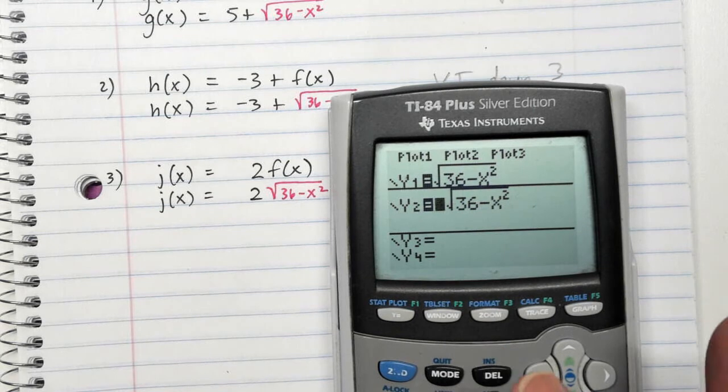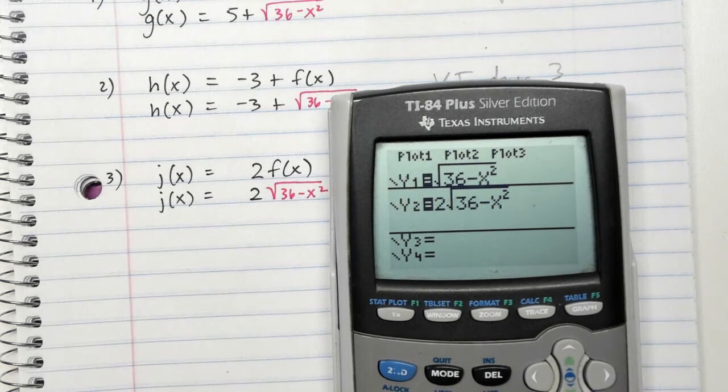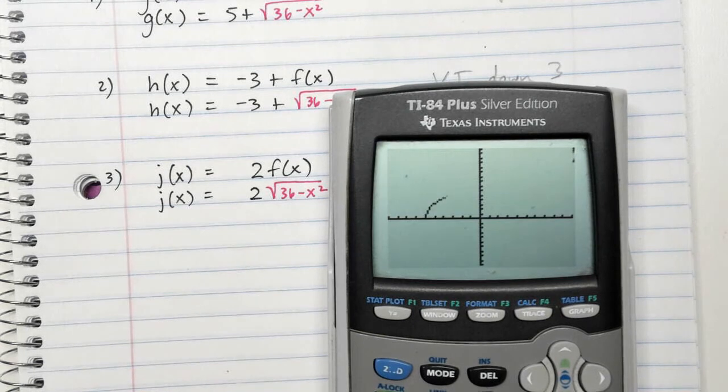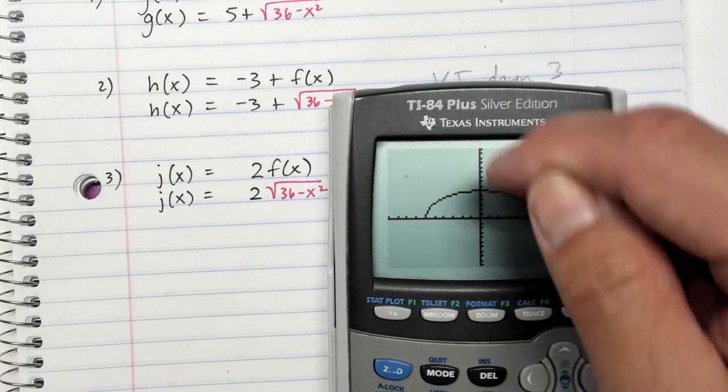Delete. 2. Watch this. So the first one is a semicircle with a radius of 6. This one is going to be a stretched semicircle. It's going to be 2 times taller. Watch this. Original. The next one's going to be twice as tall.